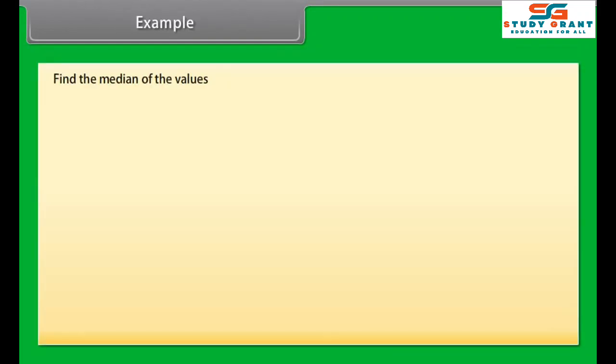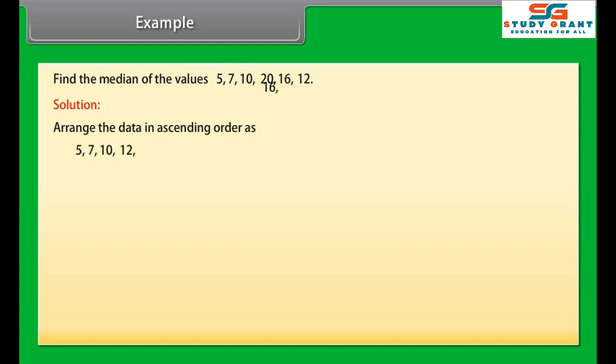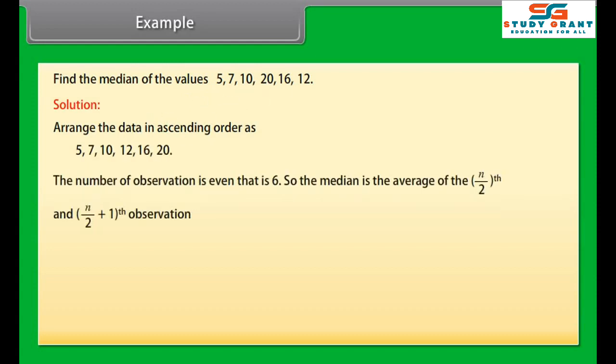Example, find the median of the values 5, 7, 10, 20, 16, 12. Solution. Arrange the data in ascending order as 5, 7, 10, 12, 16, 20. The number of observations is even, that is 6. So, the median is the average of the (n by 2)th and (n by 2 plus 1)th observation.